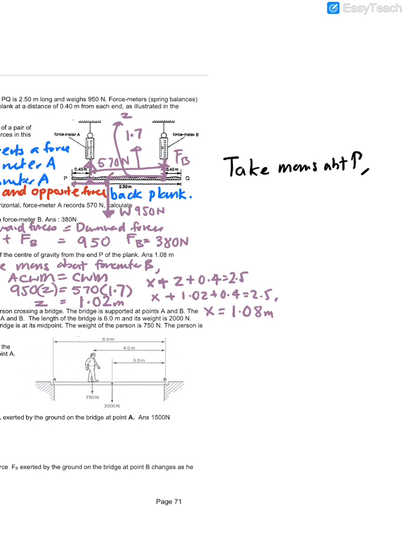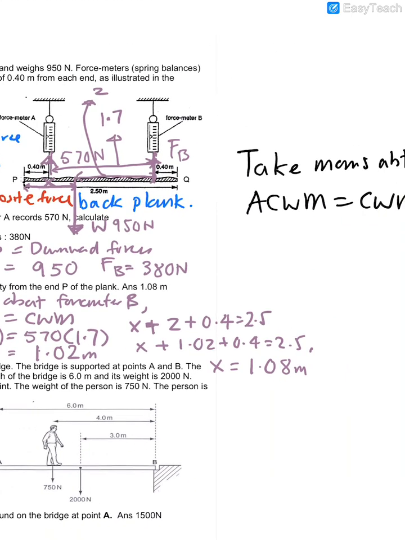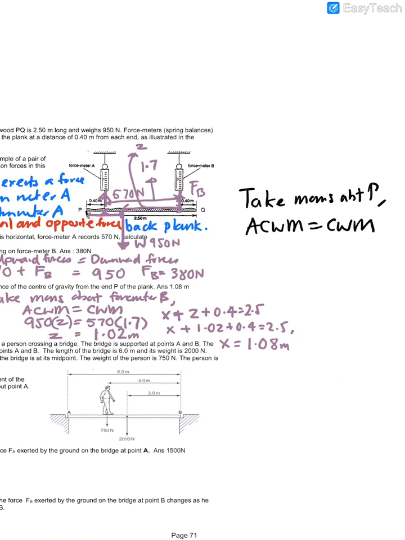Take moments about P. Anti-clockwise moment equals clockwise moments. Imagine the pivot is at P. So the first one, 570, clockwise or anti-clockwise?